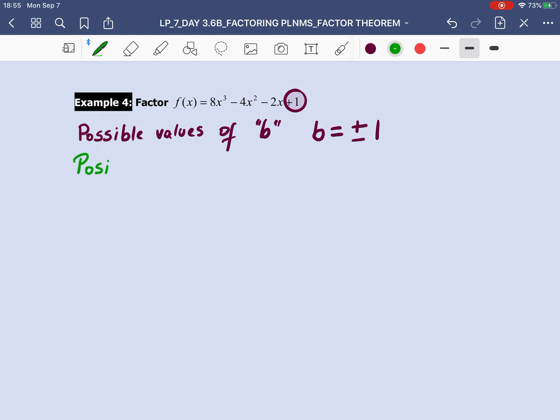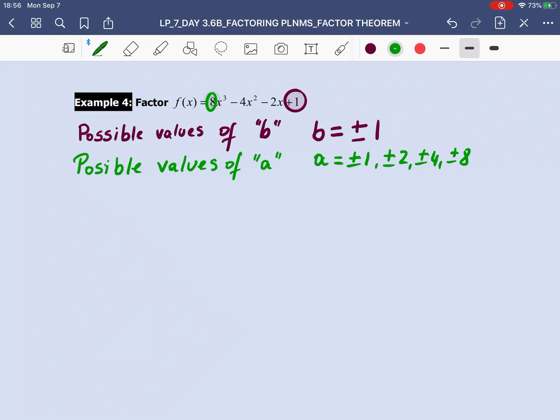The next thing we want to do is find the possible values of a, which are derived from the coefficient of the first term. So the possible values of a are plus minus 1, plus minus 2, plus minus 4, and then plus minus 8.